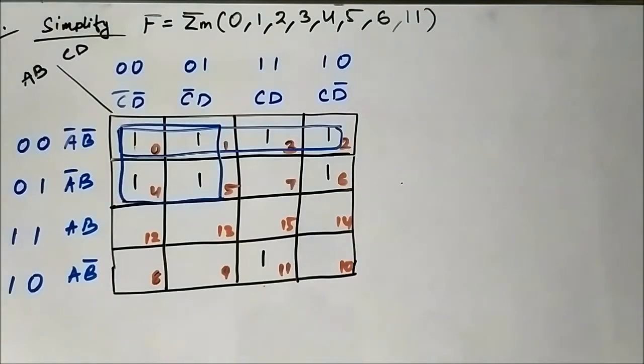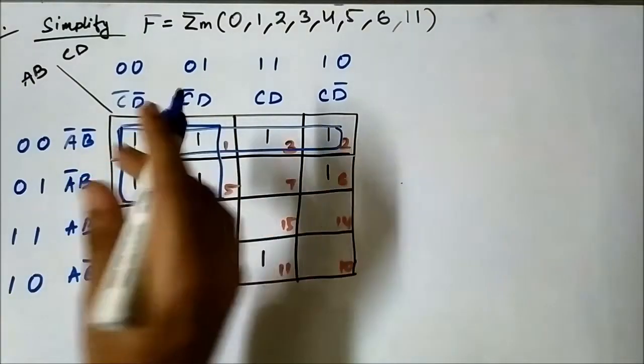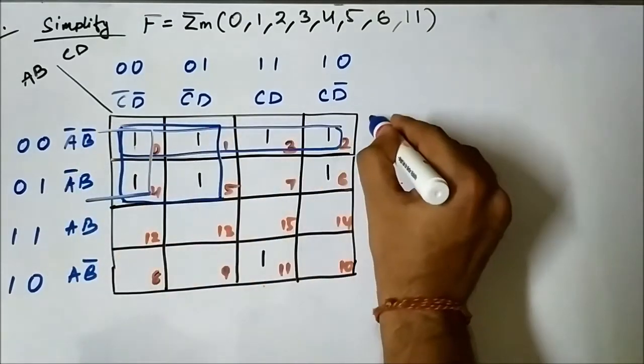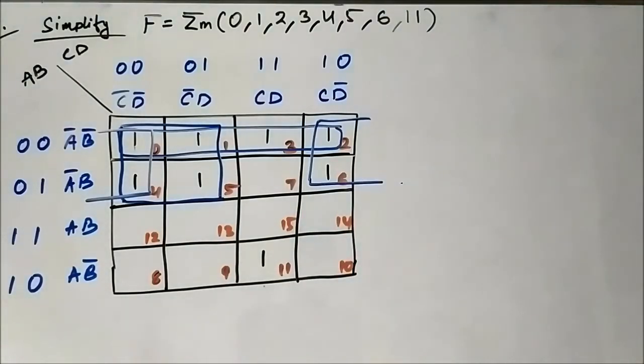I have already told you this in the group formation video, grouping of cells, and also while discussing questions related to 3 variable K-map. So we know these 2 cells and these 2 cells can be grouped to form a quad.